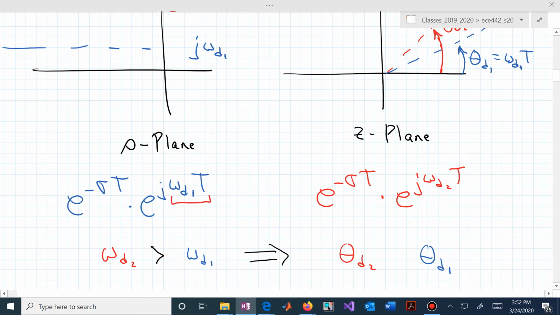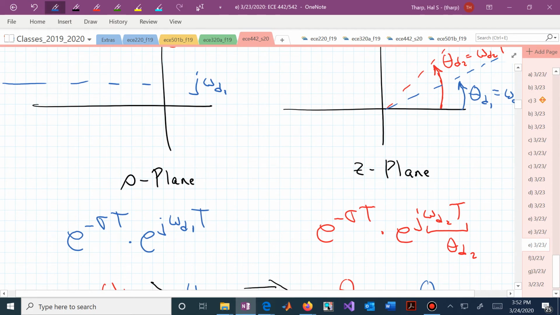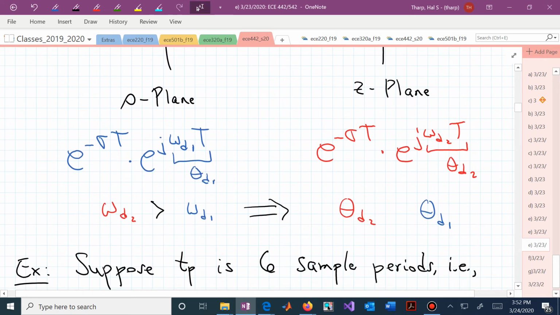Here's theta d2, and here is theta d1, and that's the angle in the complex z-plane.